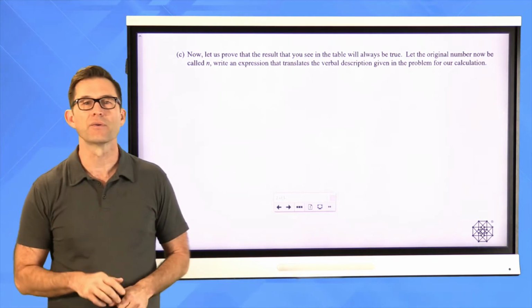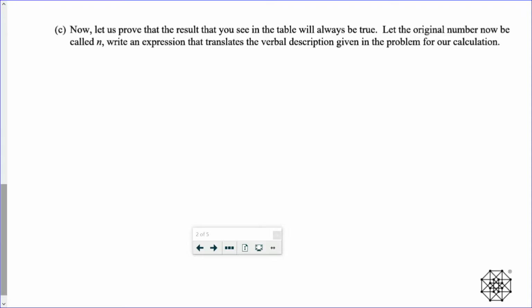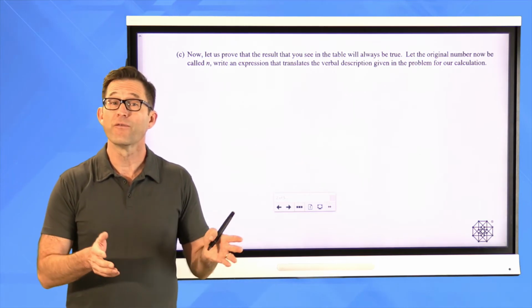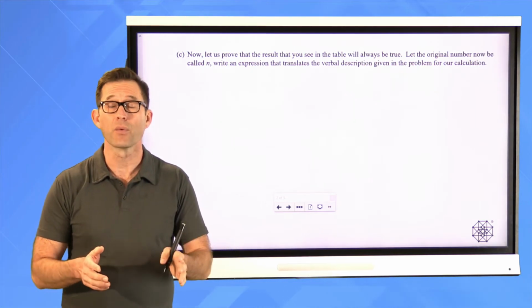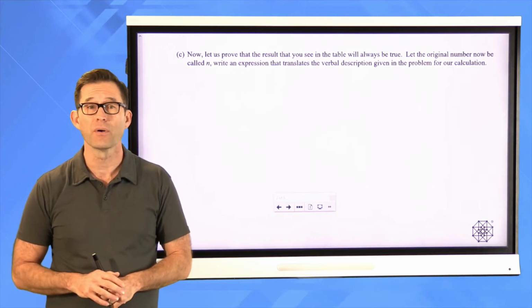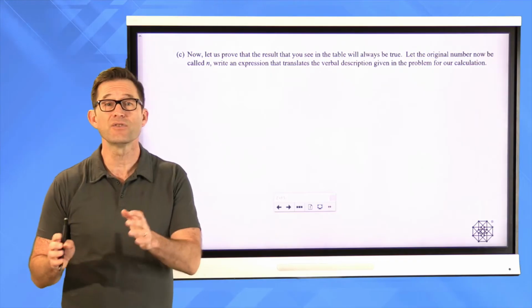All right, so now, how do we prove that? Let's take a look at letter C. Now, let us prove that the result you see in the table will always be true. Let the original number now be called n. Write an expression that translates the verbal description given in the problem for our calculation. Okay, so remember, the first thing was that we had a number we were going to sum, 2 more than 3 times our number with 2 less than 2 times our number.